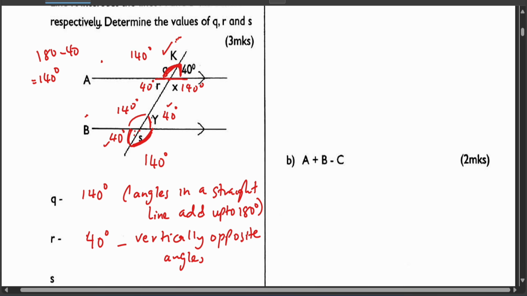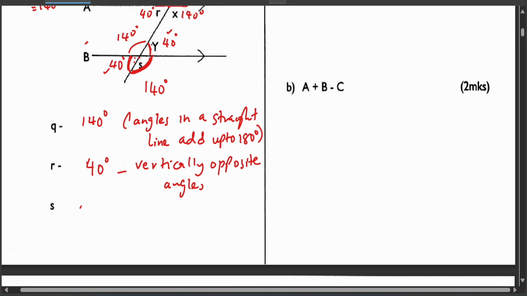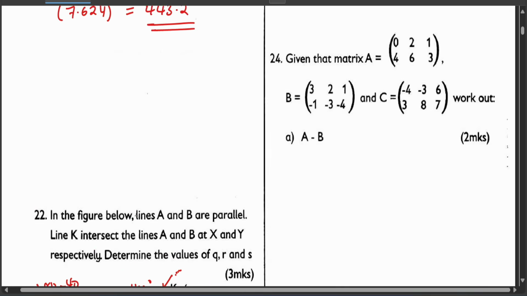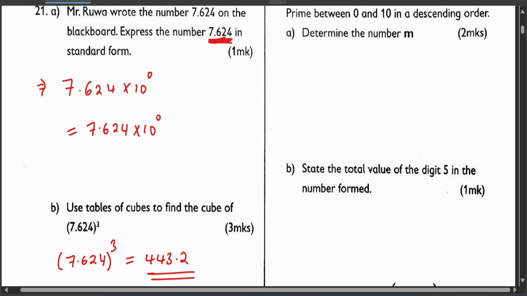For S, 140, here again the same thing, maybe because of alternating angles, which are equal. It's better to give reasons because once you advance in grade 10 you will be required to state those reasons. So that's question 22. Let's go to question 23.